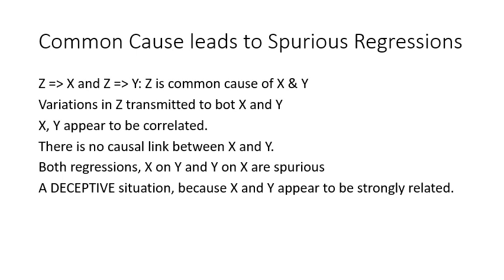And especially if there is no causal link between x and y, then a regression of y on x or of x on y will give very strong results and will give the result that one of them appears to be a very strong cause of the other, when in fact there is no causal relationship. So that is what it means to say that a common cause leads to a nonsense regression.